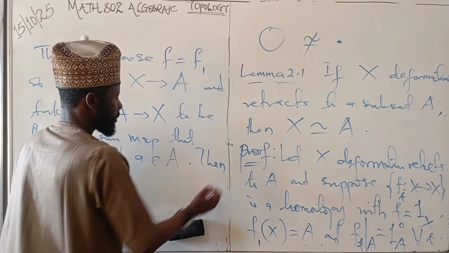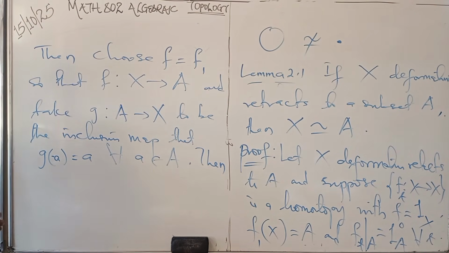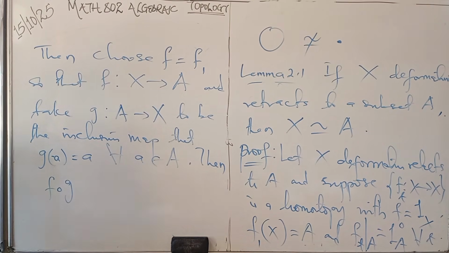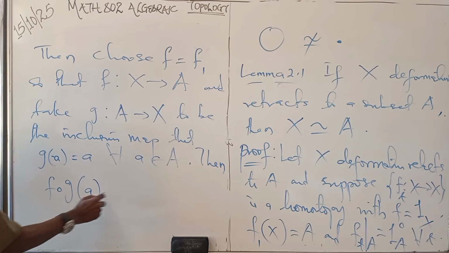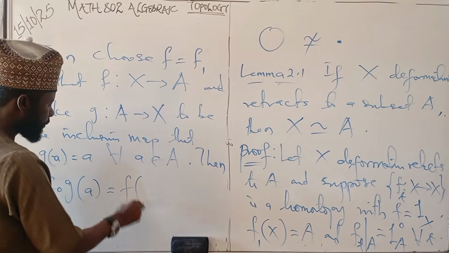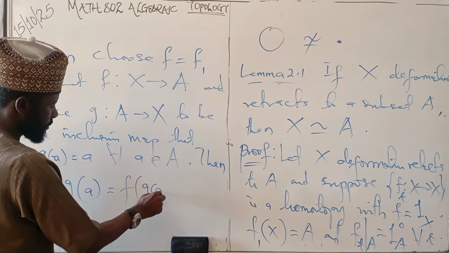Then you can see clearly that if you look at the composite f after g, it is a mapping from A to A. If you take any a, you get f of g of a.